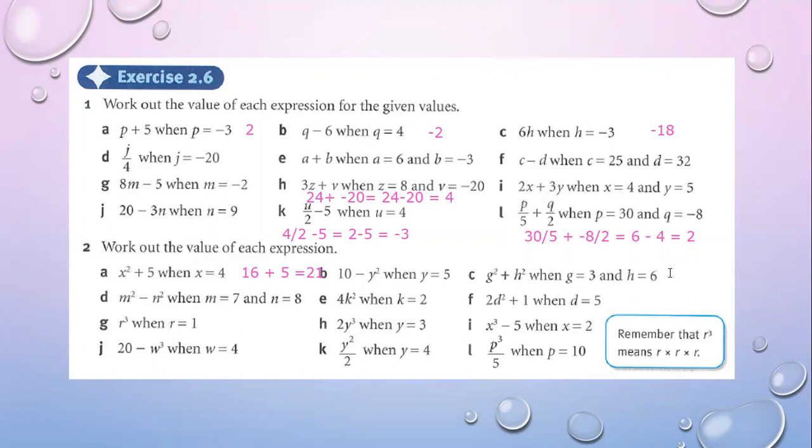The square of 3 is 9, plus h square is 36, that is equal to 45. Any other? Yes, 3 cube is 27, multiplied by 2, 54. Here you write 54.